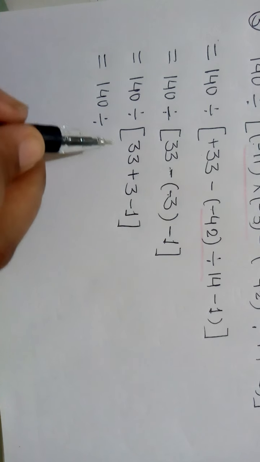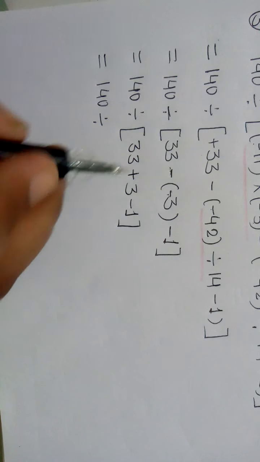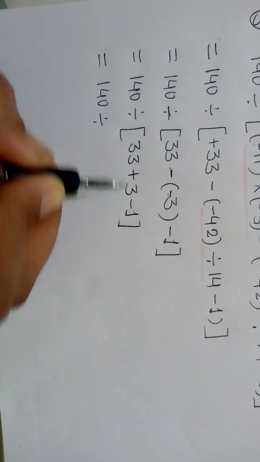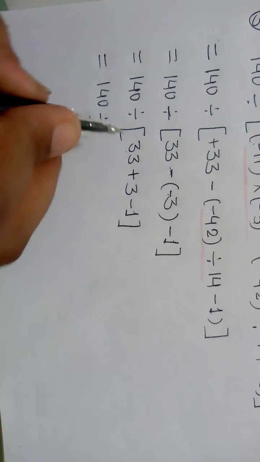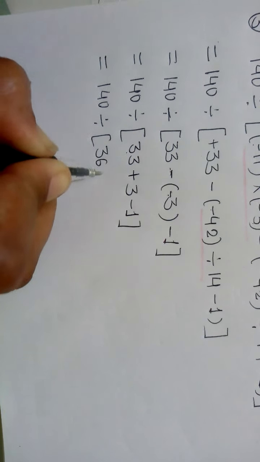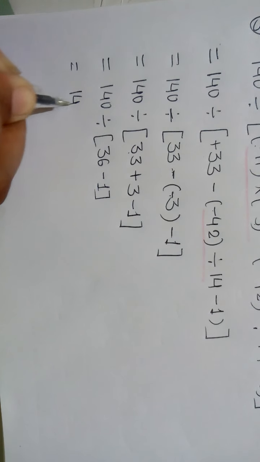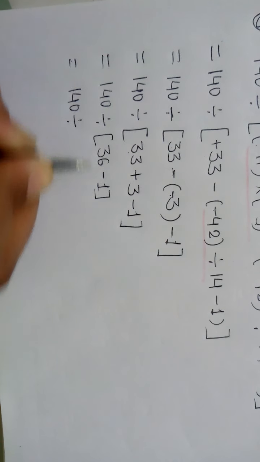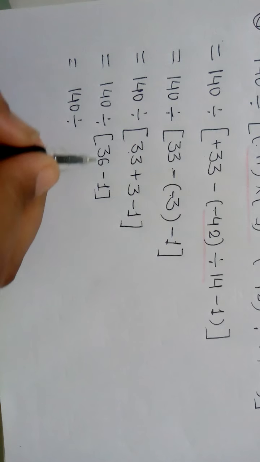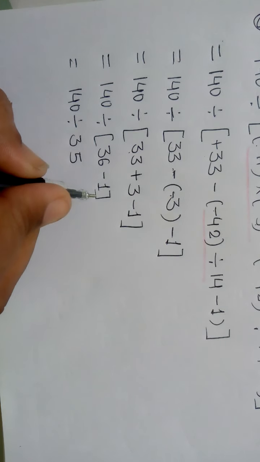Now here addition or subtraction from the left side, whatever it is, that we will do. So from the left side, plus 33 plus 3. First we will do 33 plus 3 is 36, minus 1 as it is. Again one more step, 140 divided by 36 minus 1, 35. So here 35. Now this bracket is completely solved.